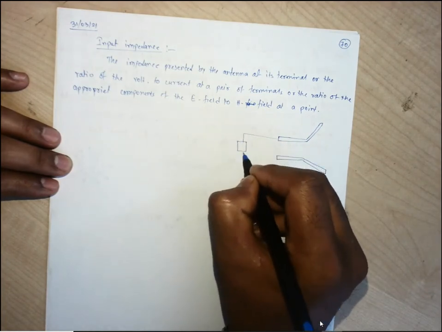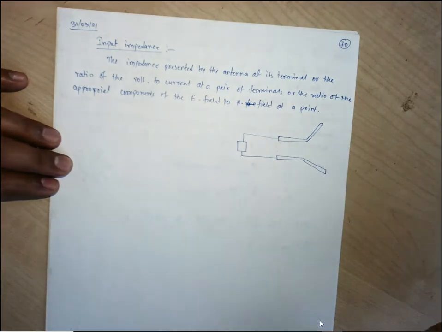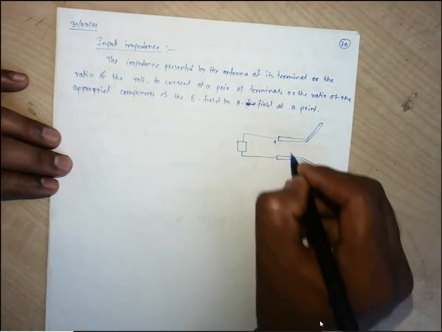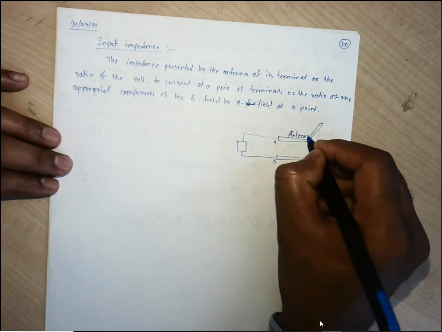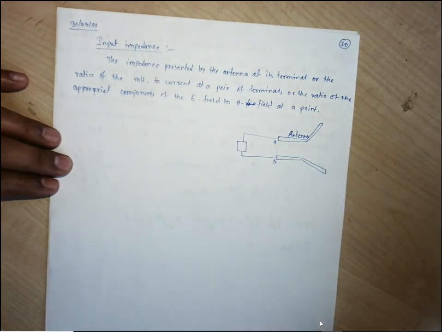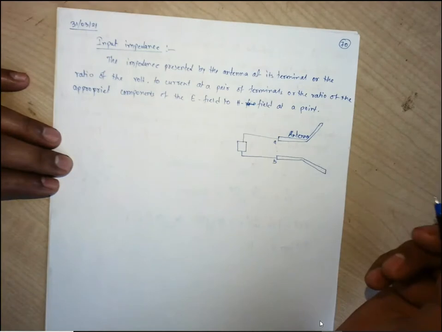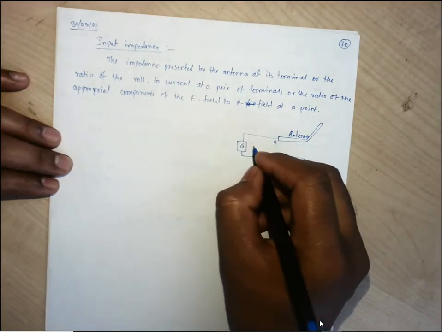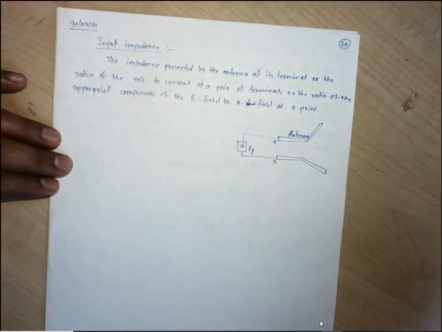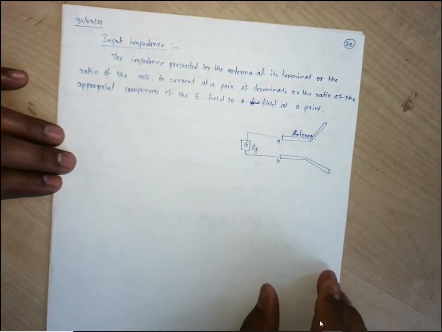This is the box. Here the generator is connected. So these are the terminals A and B. This is our antenna. Okay, so at this generator given by G, we can have the generator impedance ZG.